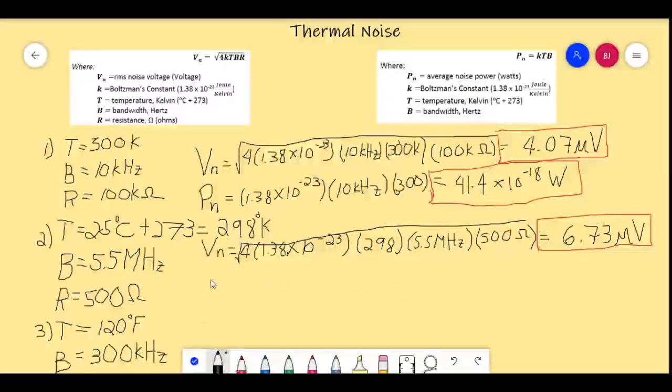Next, let's compute for the noise power. So it's only kTB. So 1.38 times 10 to the negative 23, multiplied by the temperature, which is 298 Kelvin, multiplied by the bandwidth, which is 5.5 megahertz.